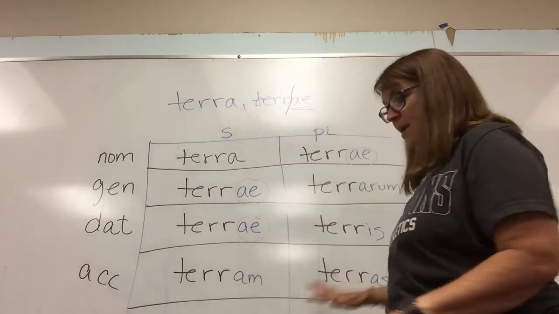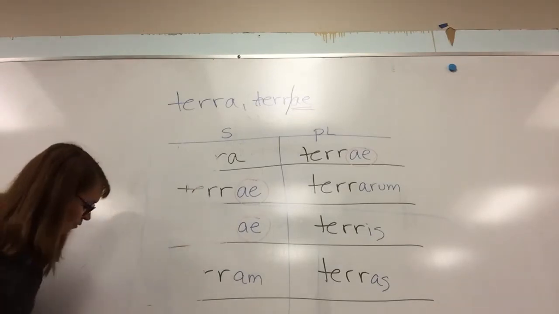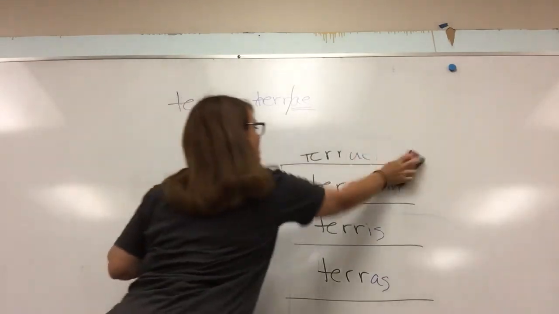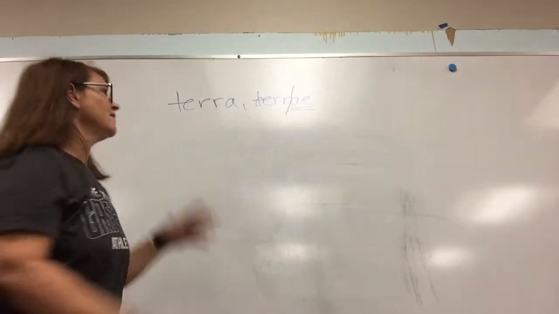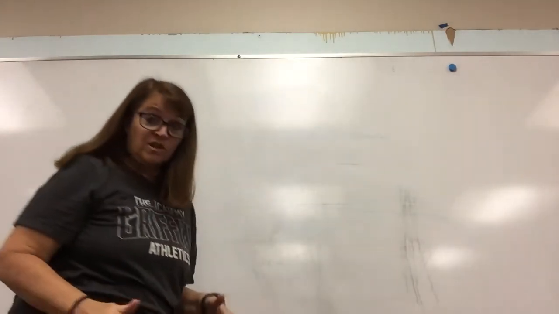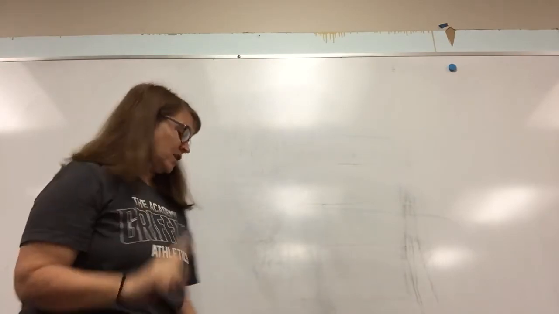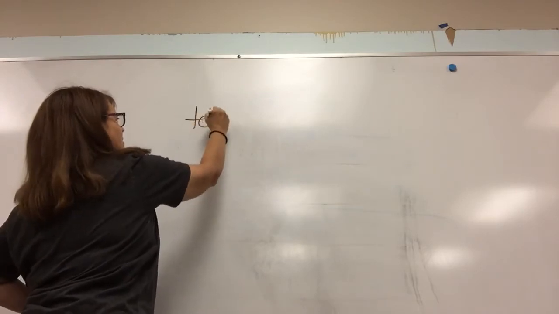So I'm going to erase this real fast, and then I want to give you a few rules to help you, because when you're memorizing nouns, you always want to memorize the nominative, the genitive, and the gender of the nouns. Now this book doesn't give us the gender, which is very unfortunate, but it does give us rules to help us learn the gender.